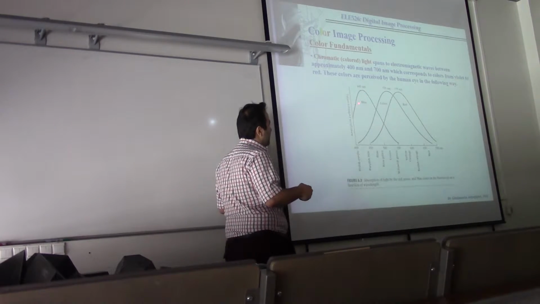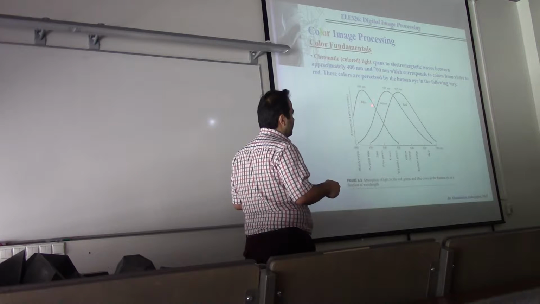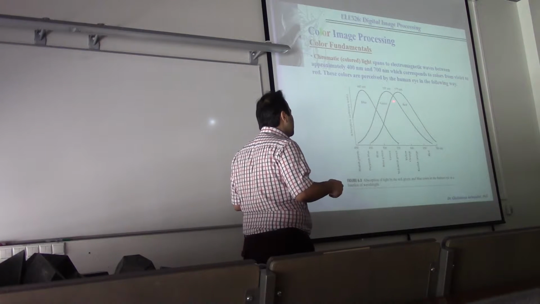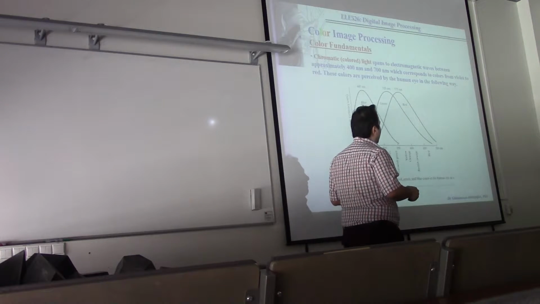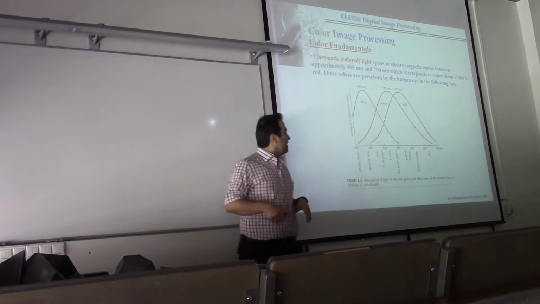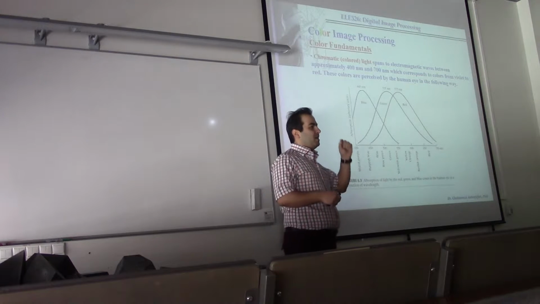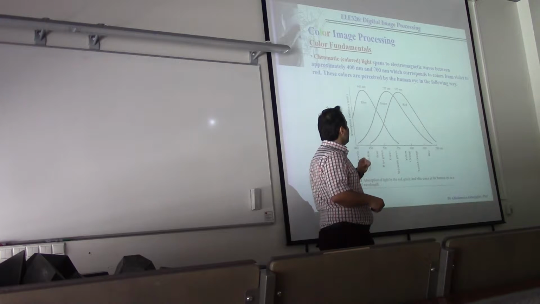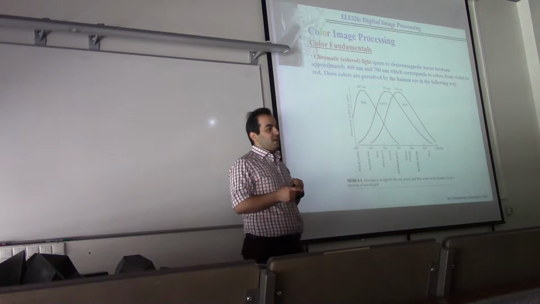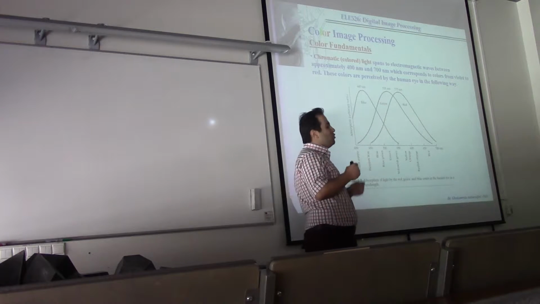The primary colors are red, green, and blue, or blue, green, red. If you are working in MATLAB, you have RGB: R red, G green, and B blue. But if you are working with OpenCV, you have blue, green, red.